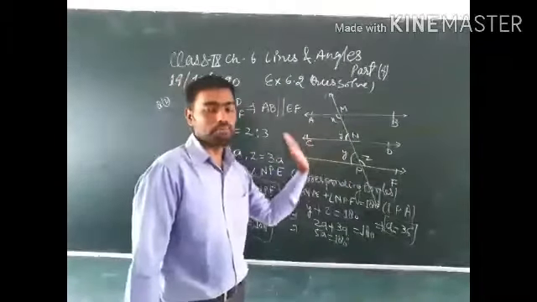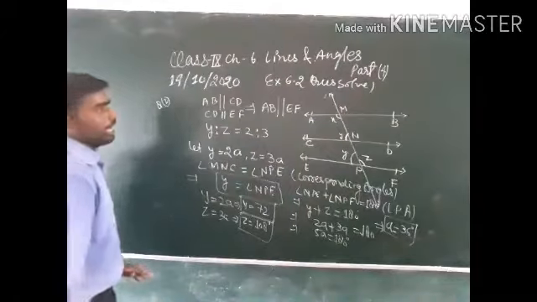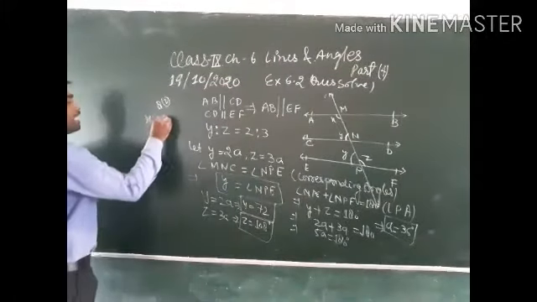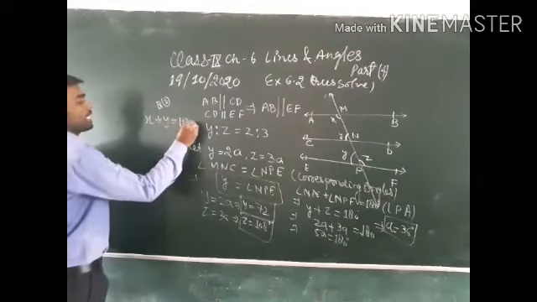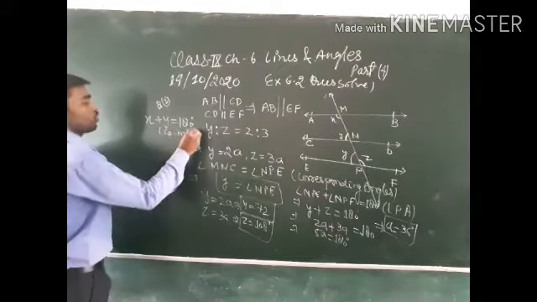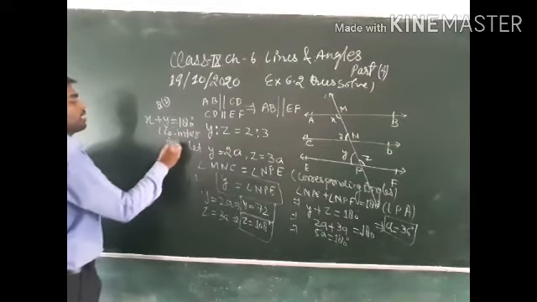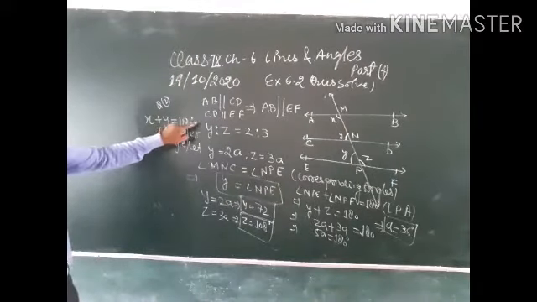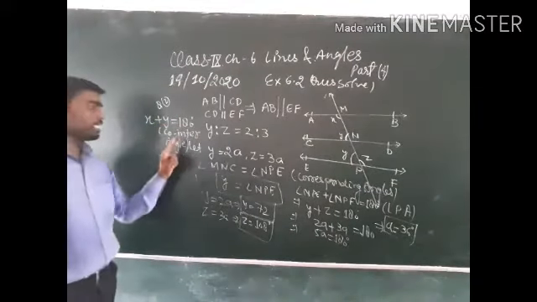Here this is the same side. Now we can write easily X plus Y is equal to 180 degree, and we write in bracket co-interior angle.